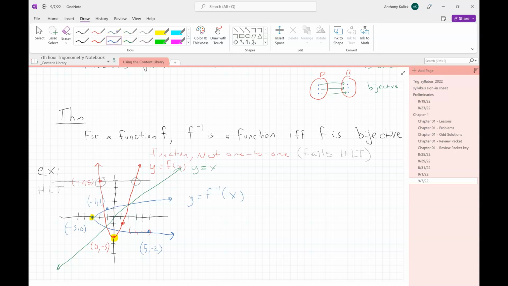Because f is not one-to-one, what can I say about f inverse? It's not a function, right? Which is easy to see if I look at the graph of f inverse. Why can I tell f inverse isn't a function right away? Yeah, it fails a vertical line test.